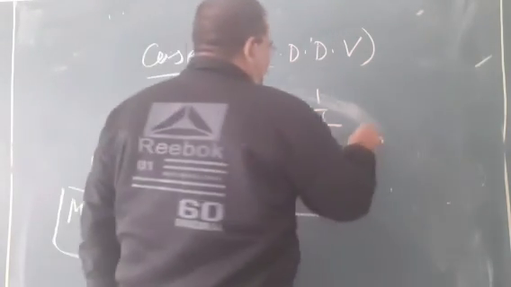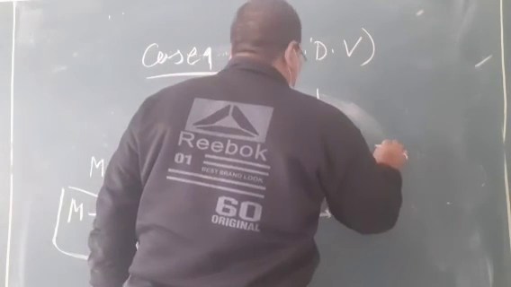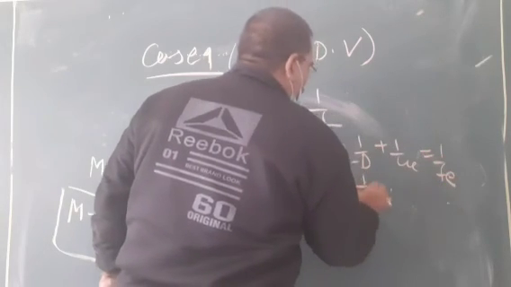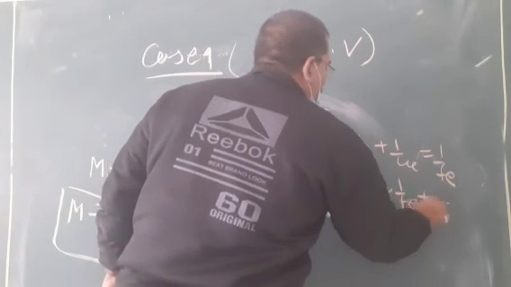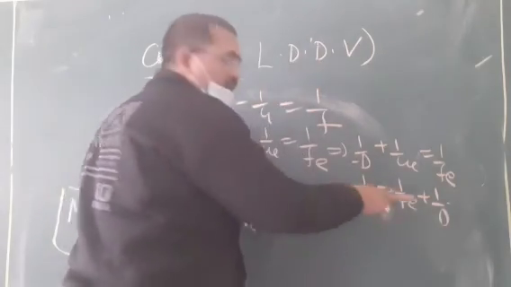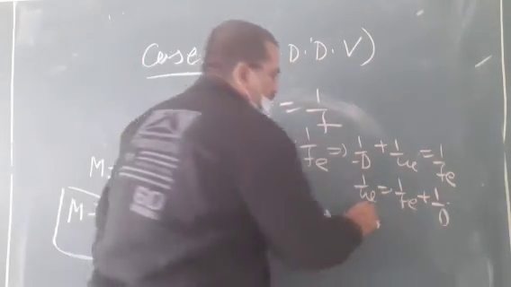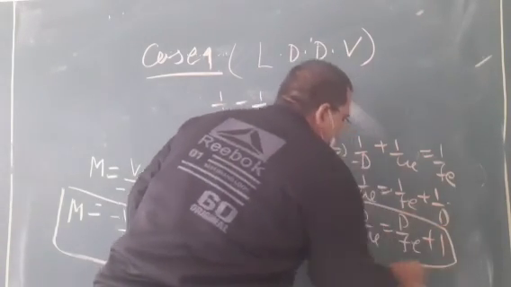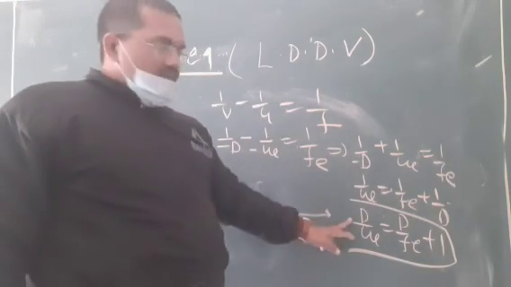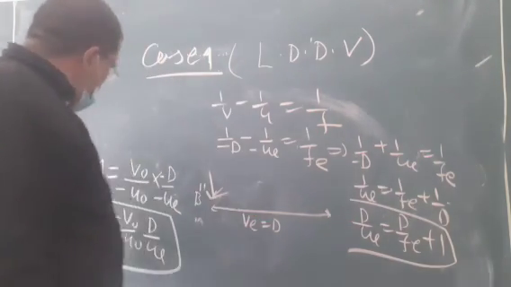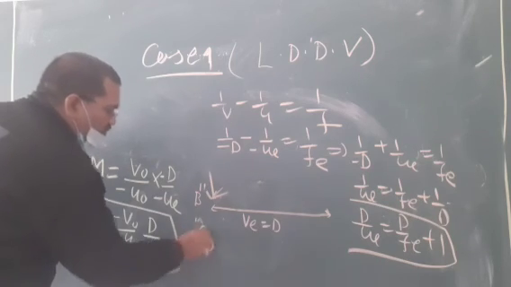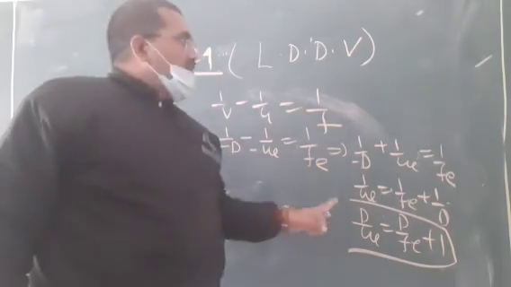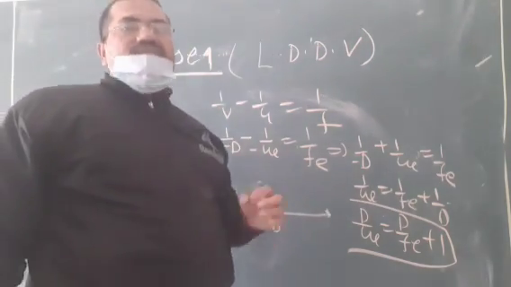So you will get here 1 by D plus 1 by UE equal to 1 by F. So 1 by UE equal to 1 by F minus 1 by D. Multiply by D in the equation, so D by UE equal to D by F plus 1. Put this value in equation 4. You will get the magnification at least distance of distinct vision.